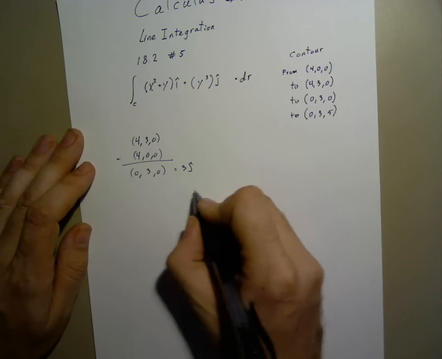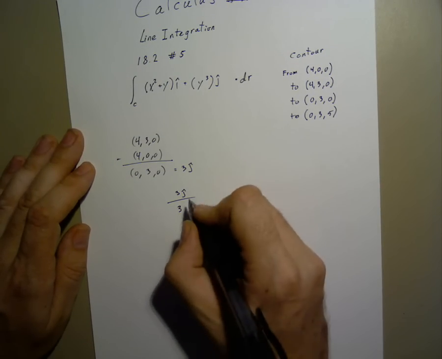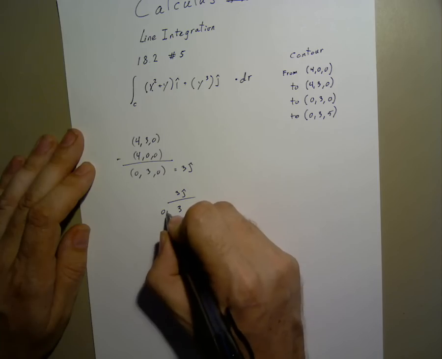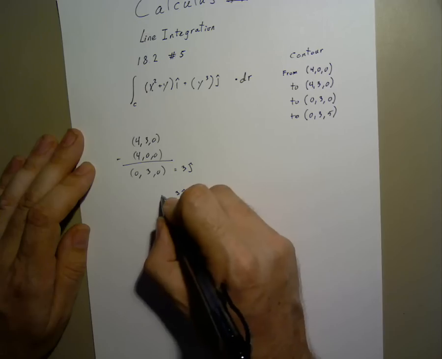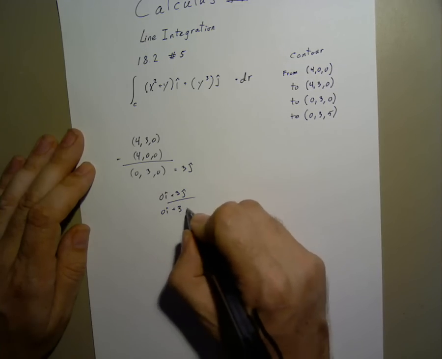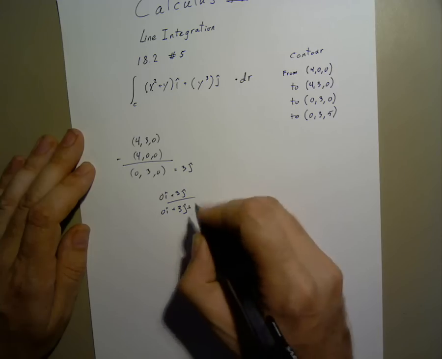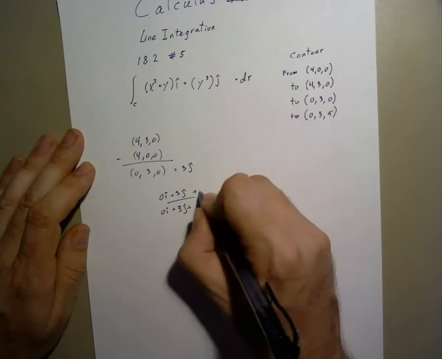If we were to normalize this, 3j over 0 i hat plus 0 k hat.